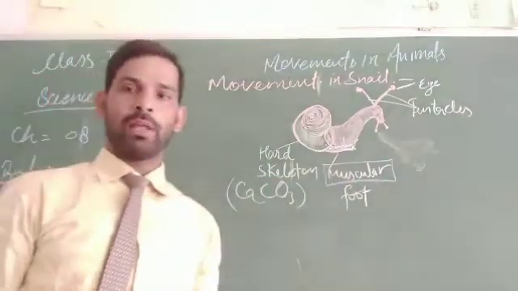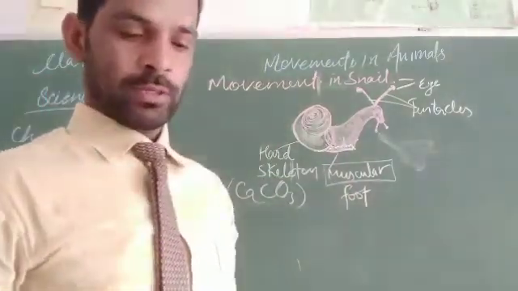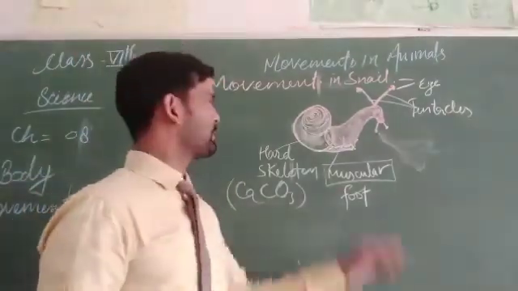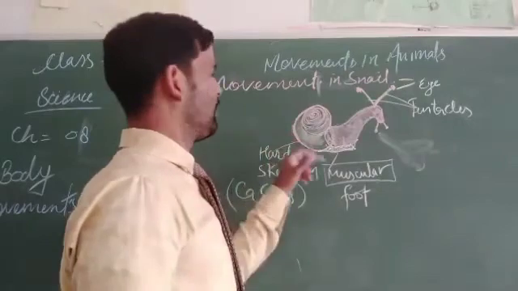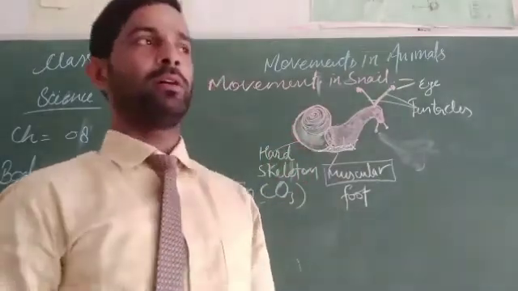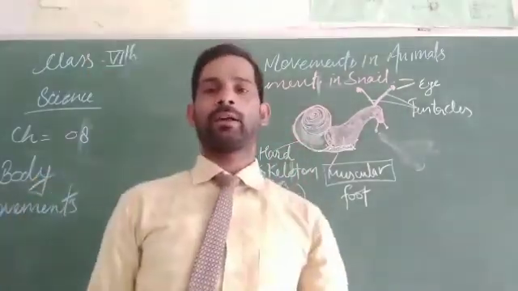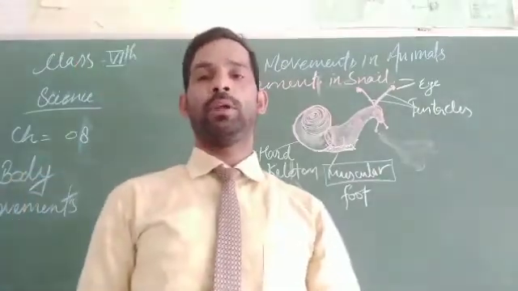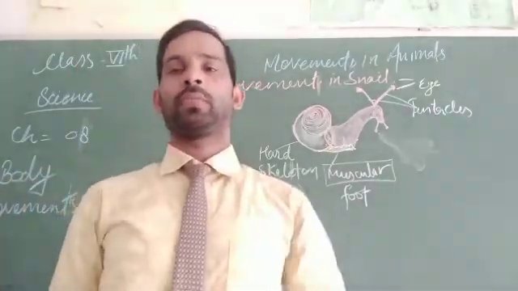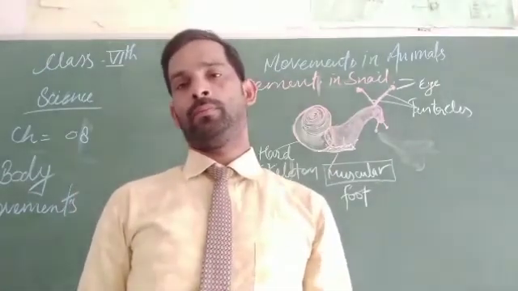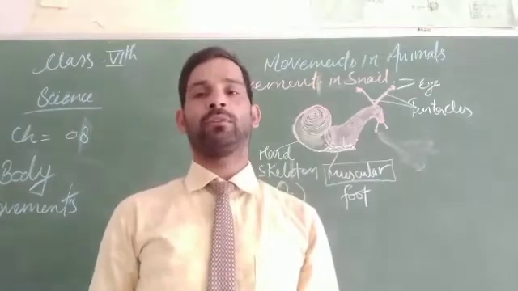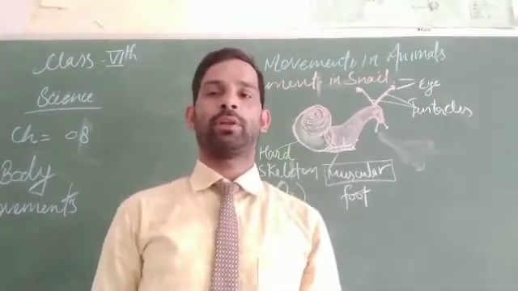So what will happen in case of snails? Snail is a type of animal which has the endo and exoskeleton as well. In its upper body, there is a very hard protective layer called a protective shield, that is the exoskeleton formed by calcium carbonate.